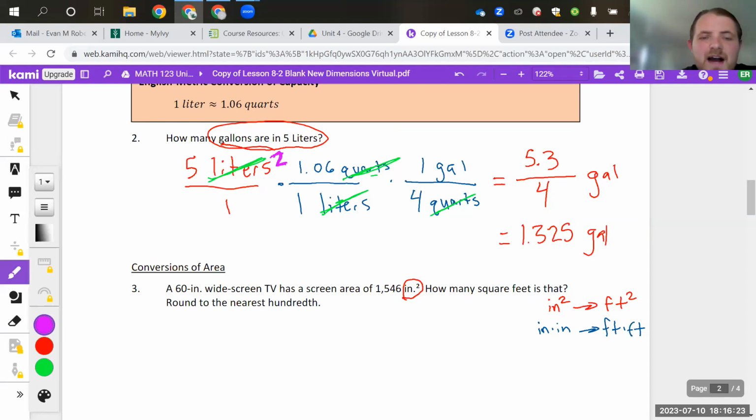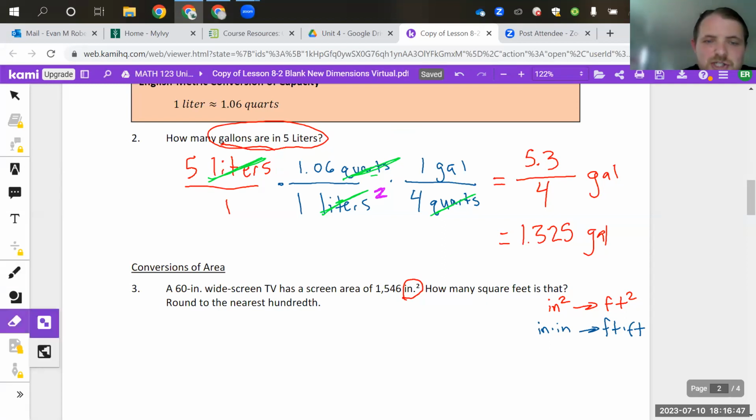If you have 5 liters squared, which you wouldn't because that doesn't make sense mathematically, and then you only had 1 liter on the bottom, you'd have 2 liters on top. So you would have to have some version of liters squared in the bottom for that to actually cancel. That's the main difference between what we just did and what we're doing now.